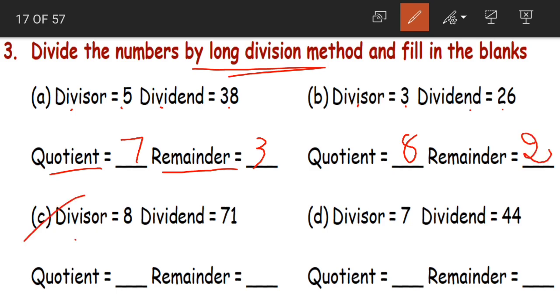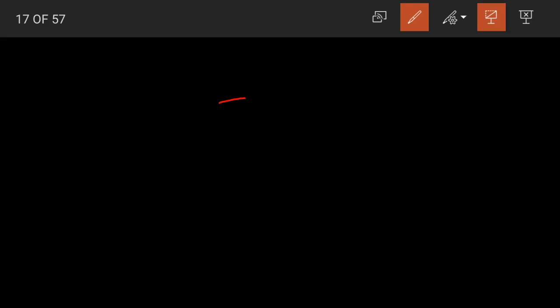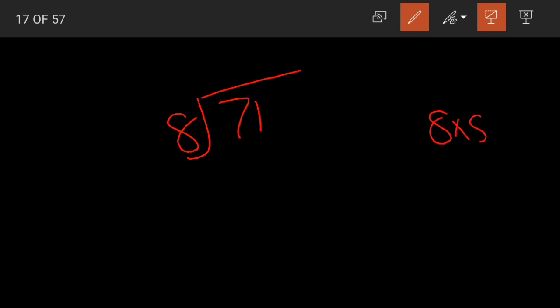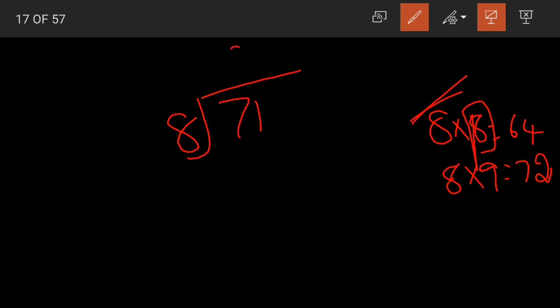Next question C. Divisor 8, dividend 71. 71 divided by 8. What do we know about the 8 table? 8 eights are 64. 8 nines are 72. Yes. So now we do not have 71 in the 8 table. So which number should we go with, children? 64. Yes, the smaller number. 8 eights are 64.